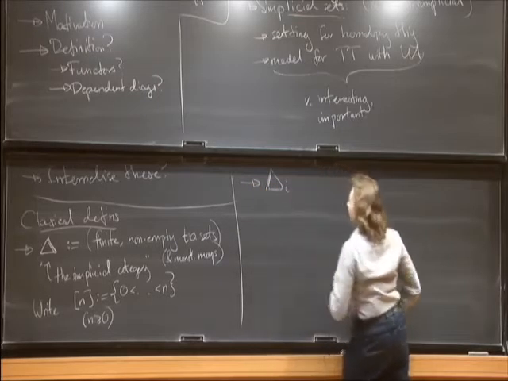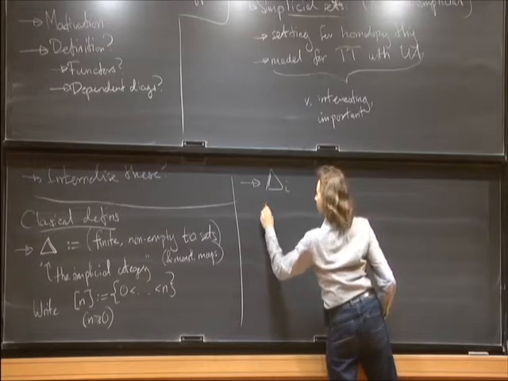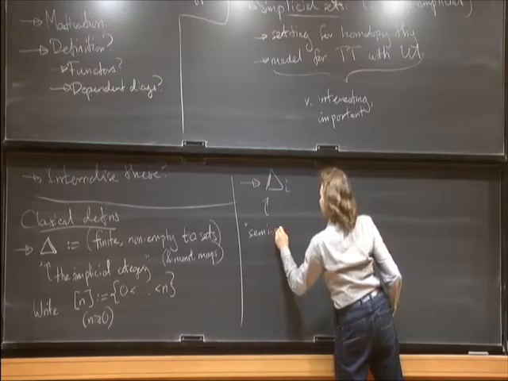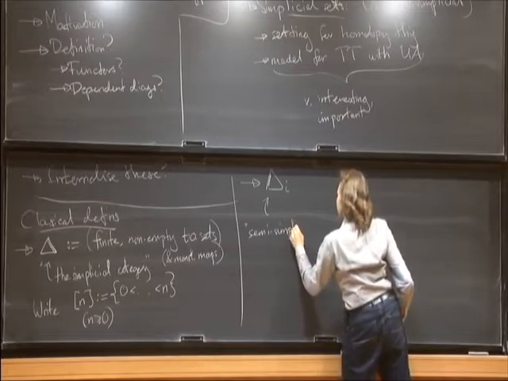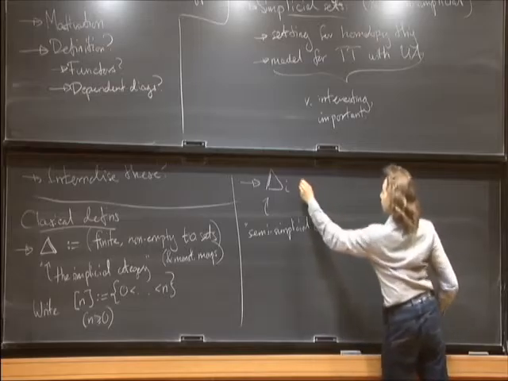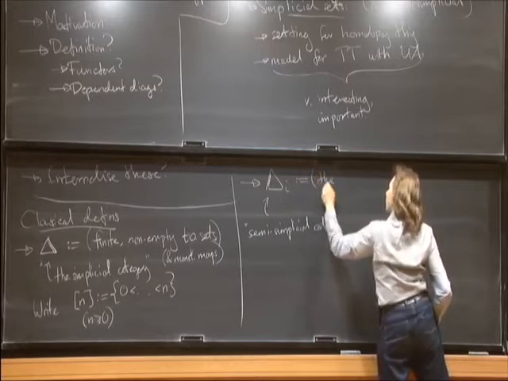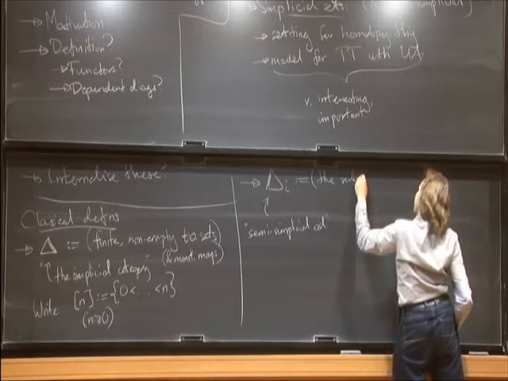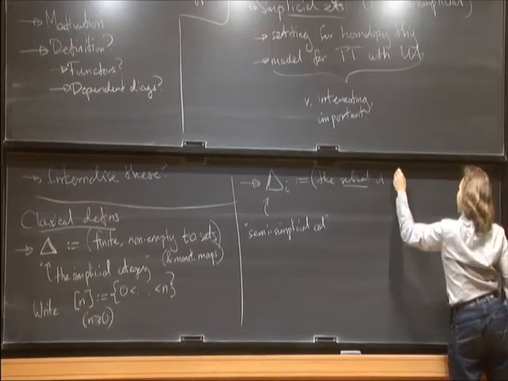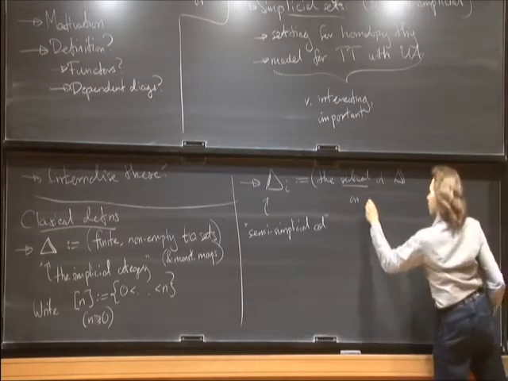And then it has a close cousin, the subcategory delta I, the semi-simplicial category, which consists of the subcategory of delta with just the injective maps.